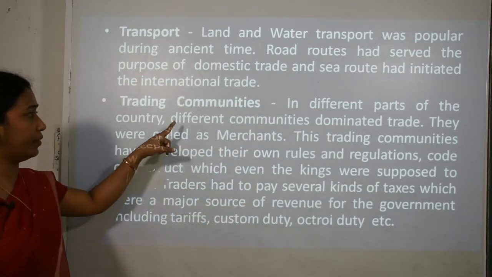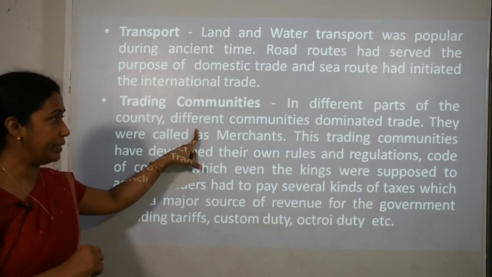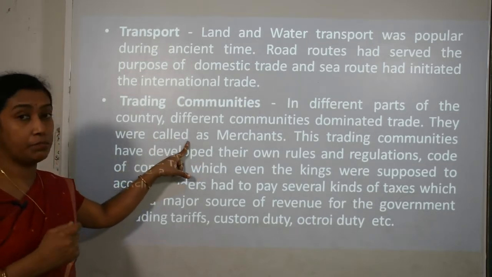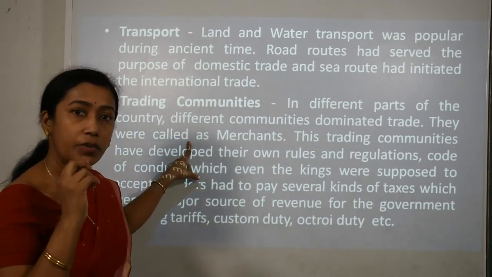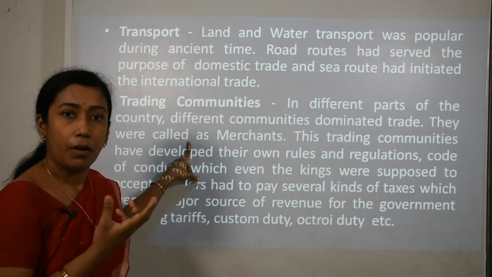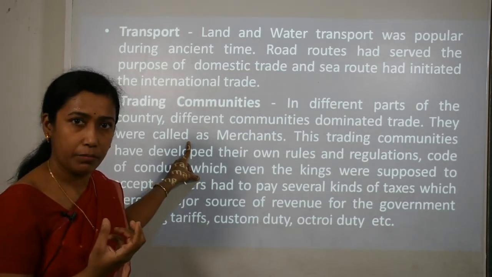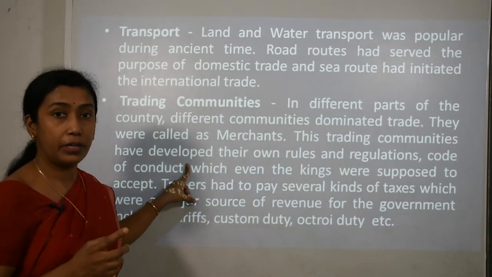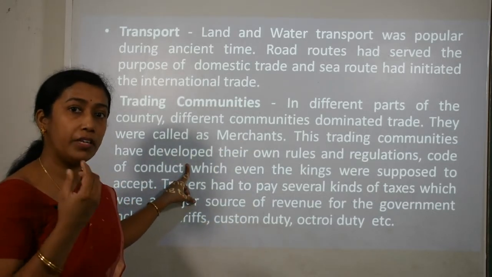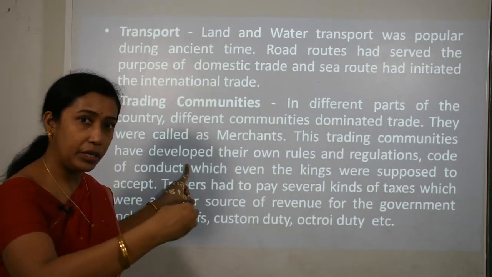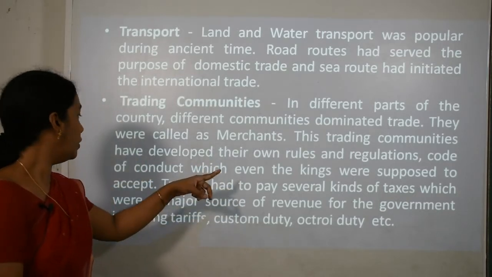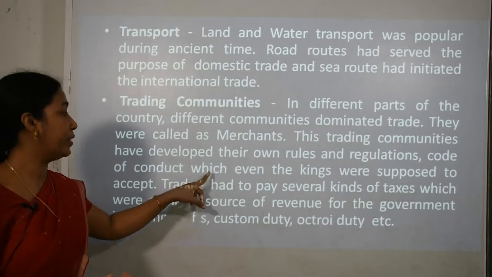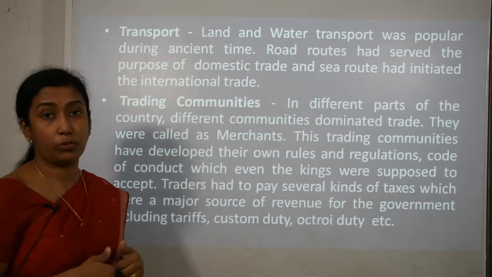In different parts of the country, different communities dominated the trade, and they were called merchants. There were different communities playing the role of merchants. Merchants basically means businessmen. These trading communities developed their own rules and regulations for continuing the trade, a code of conduct, a pattern of behavior, which even the kings were supposed to accept.